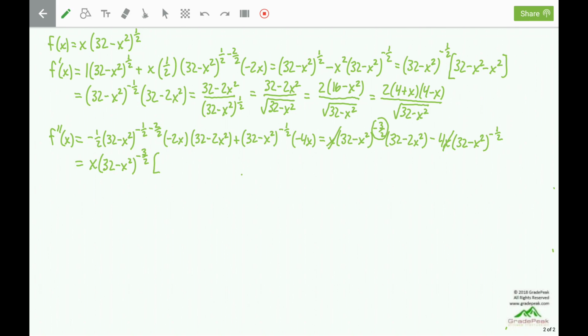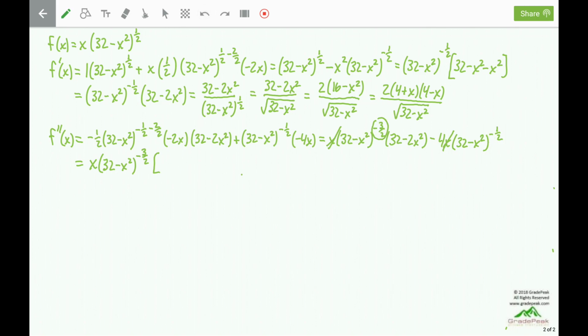For the first power, negative 3/2 plus 3/2 will become a 0. Anything raised to 0 is equal to 1. All of that will become a 1, and there's what we have left, just a 32 minus 2x squared. For the second term, adding a 3/2 to the power, negative 1/2 plus 3/2 is 2/2 or 1. All of this will become a power of 1. And so we have a negative 4 times 32 minus x squared.